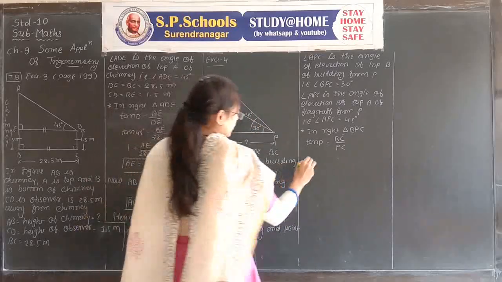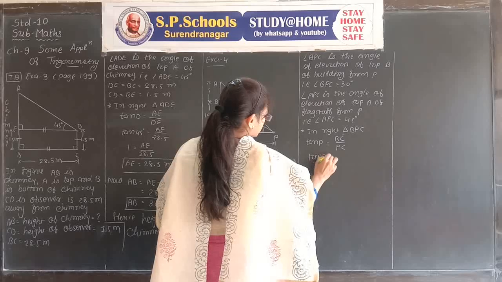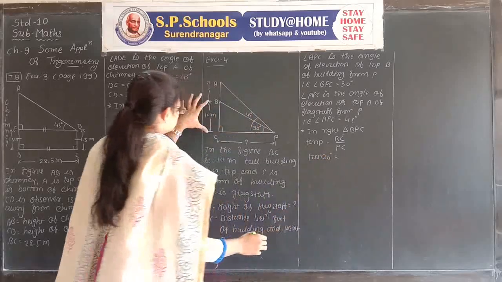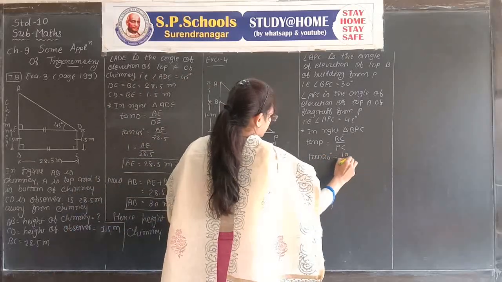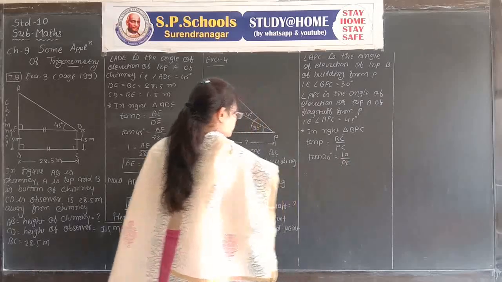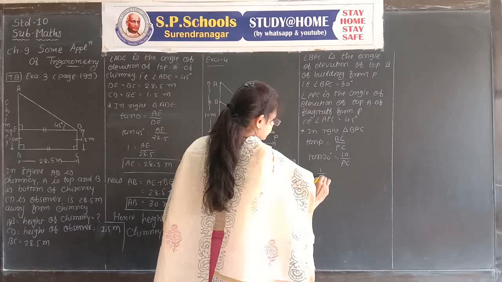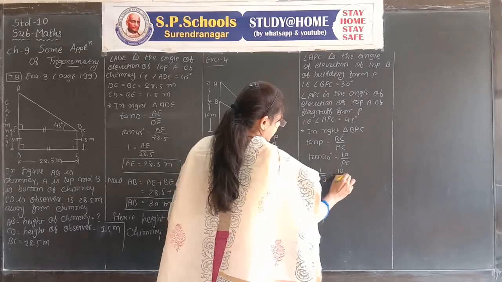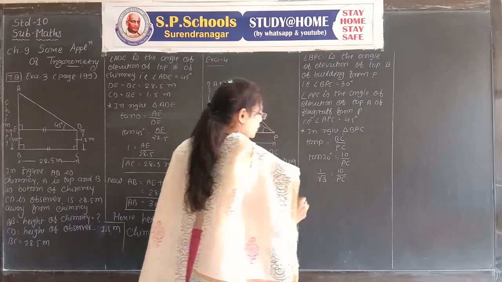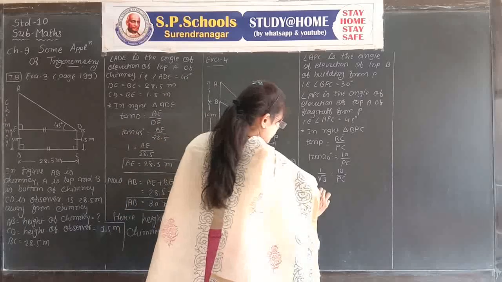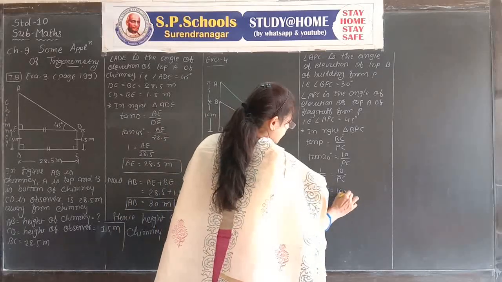Tan 30 is equal to BC is 10, PC remains as it is. Now tan 30 is equal to 1 upon root 3. Substitute the value: 10 and PC remains as it is. By making PC the subject, we get PC is equal to 10 into root 3.